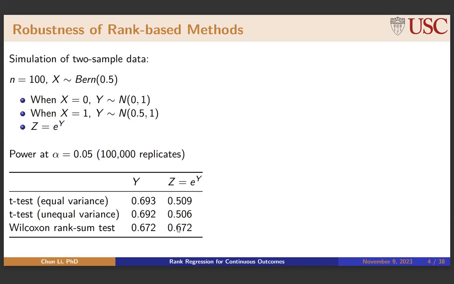So we have a dilemma. If you use the t-test, you can have a maximum gain if everything is perfect. But if something's wrong, you may just have a power loss. It's really unfortunate that in textbooks this column has been emphasized a lot.